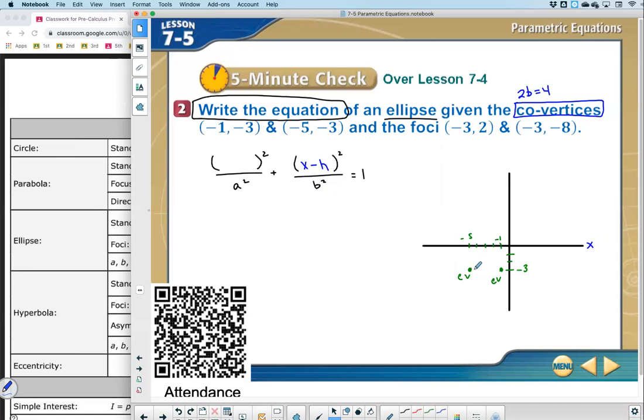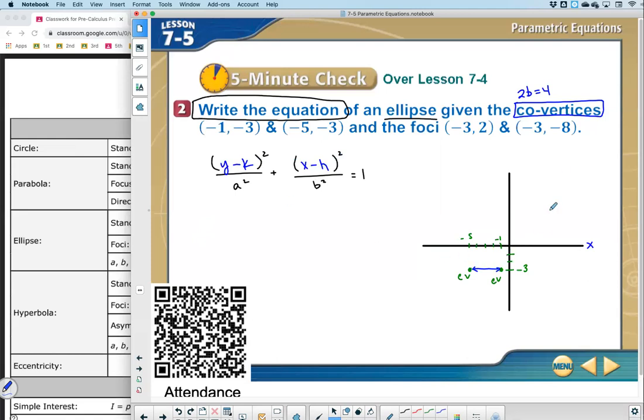Because these 2 points move left and right of one another, horizontal. And since they're connected with the variable b, and I call it the b fraction, b squared, I need to move it horizontally. That means the x minus h. That leaves us with y minus k over here. Are you okay with how I made that observation?